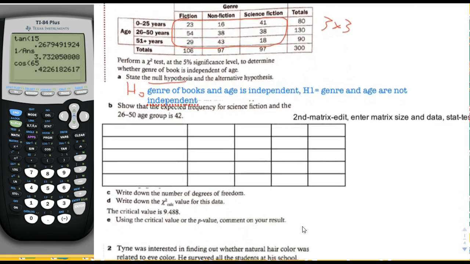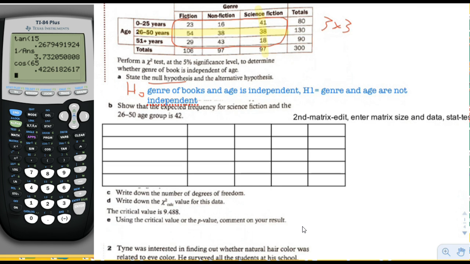Show that the expected frequency for science fiction in the 26 to 50 age group is 42. So what they want you to do here is hand calculate the expected frequency for the 26 to 50 age group and science fiction.